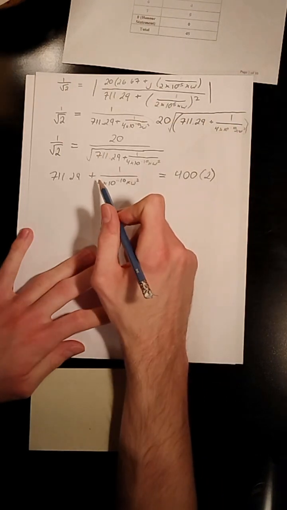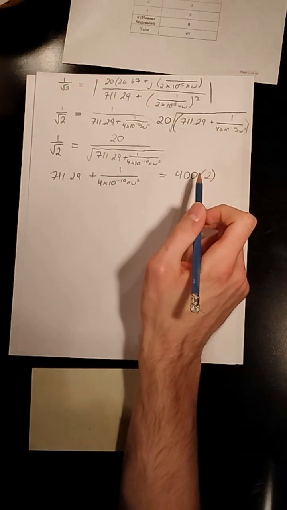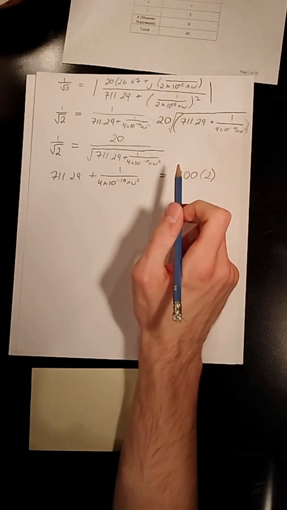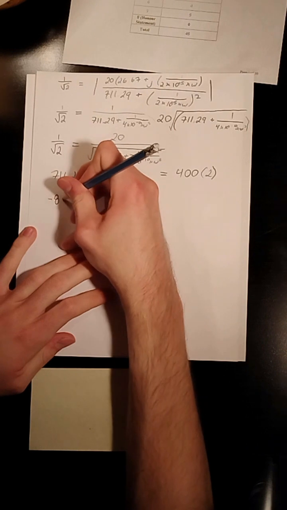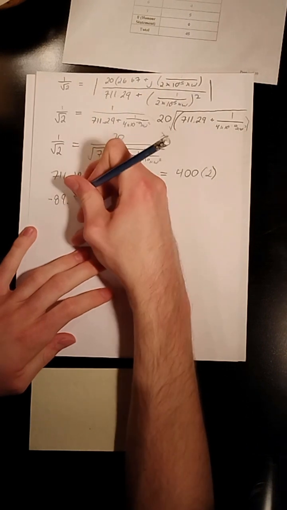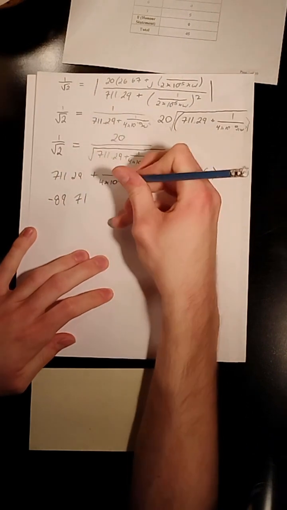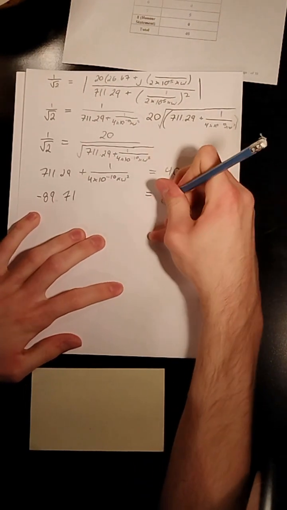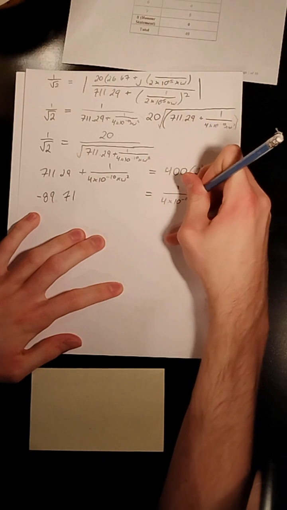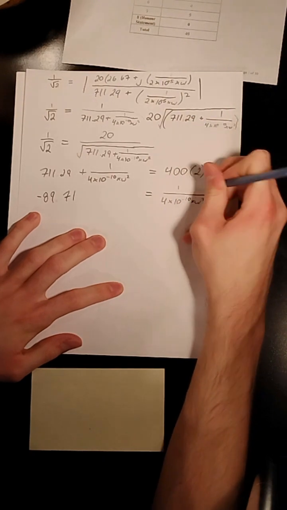Subtract 800 from here, add this over here, and then we should get negative 89.71 is equal to 1 over 4 times 10 to the negative 10 times w squared.